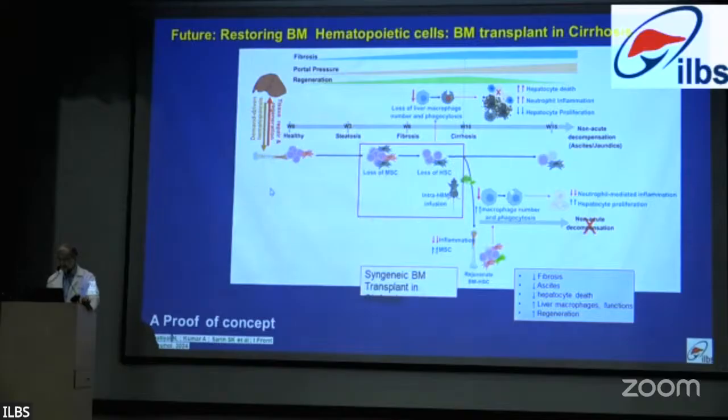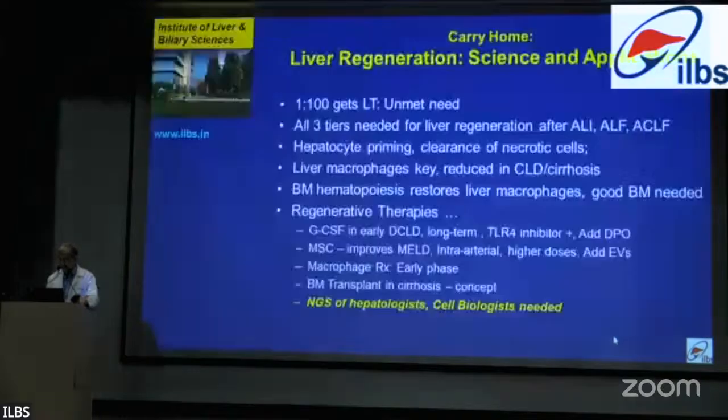Just to give you an idea, restoring bone marrow hematopoietic stem cells is like a bone marrow transplant in a patient with cirrhosis, and a proof of concept was published. Once we gave this healthy bone marrow, the allogeneic bone marrow, the animals did much better. The hepatocyte death, the neutrophil inflammation, all those were markedly decreased with a better survival.